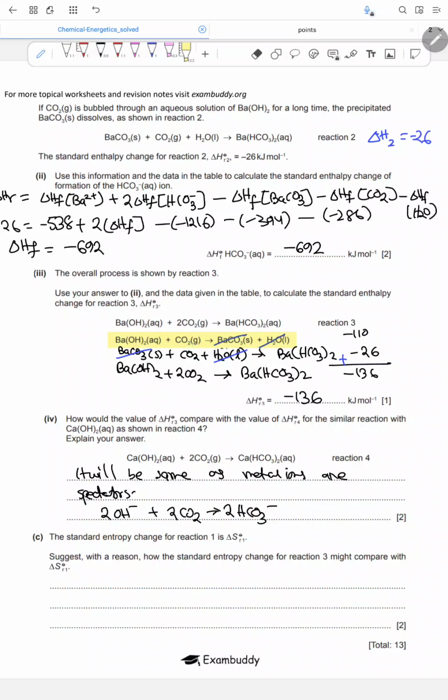So in both cases gases are being removed, but there's a catch here. Let's think.